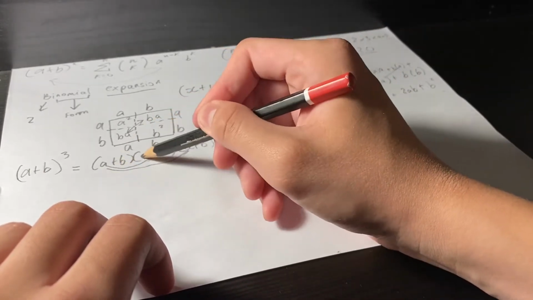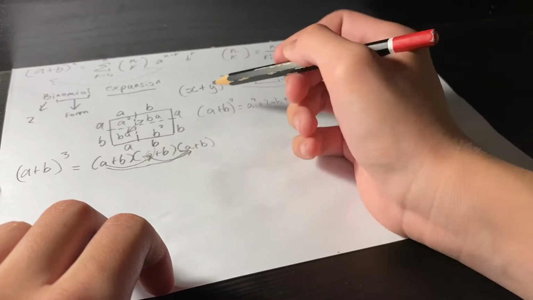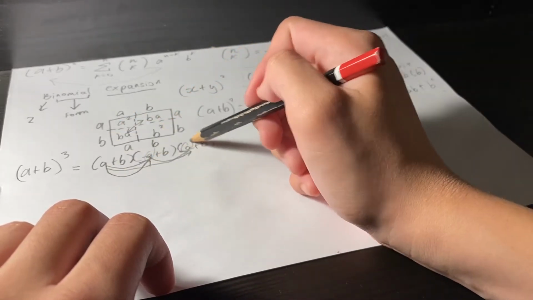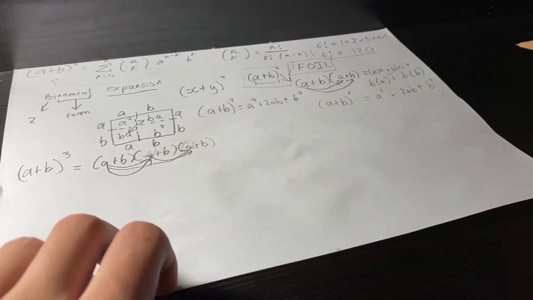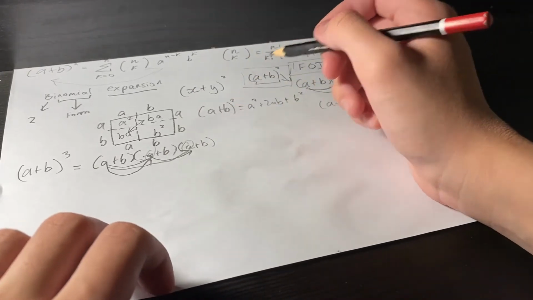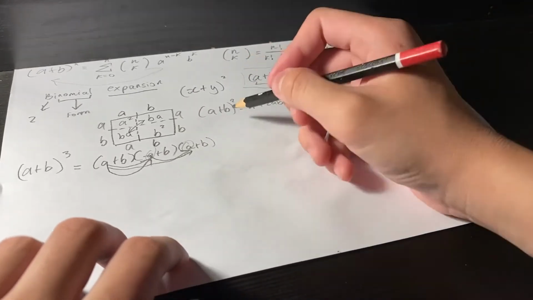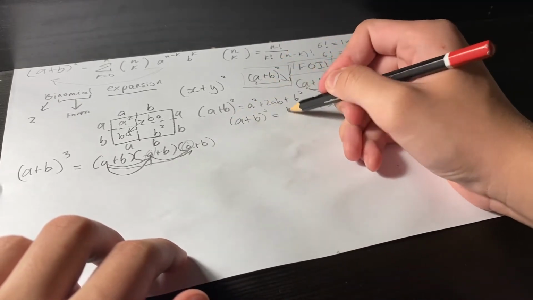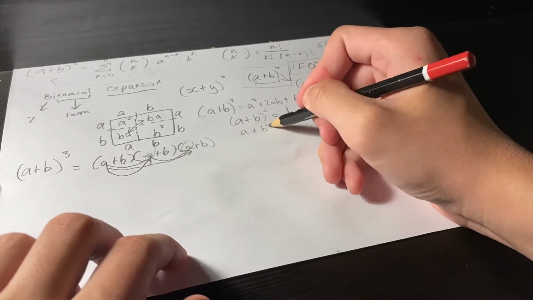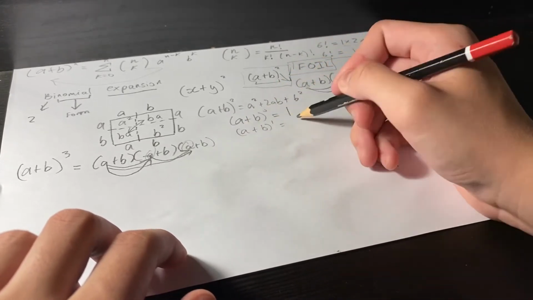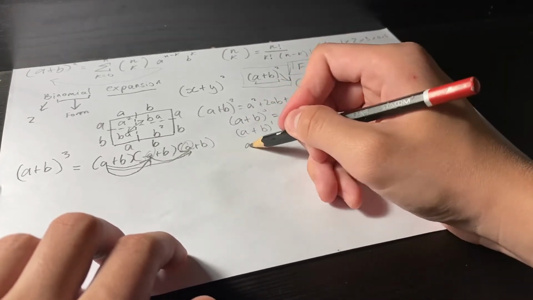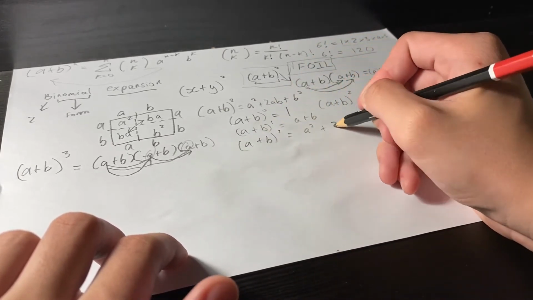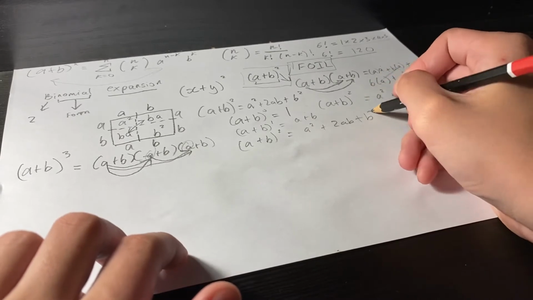Or do we multiply a by a and then a again? Let's think of it differently. So if we have (a plus b) to the 0, we have 1. (a plus b) to the 1 is a plus b. And (a plus b) squared is a squared plus 2ab plus b squared.